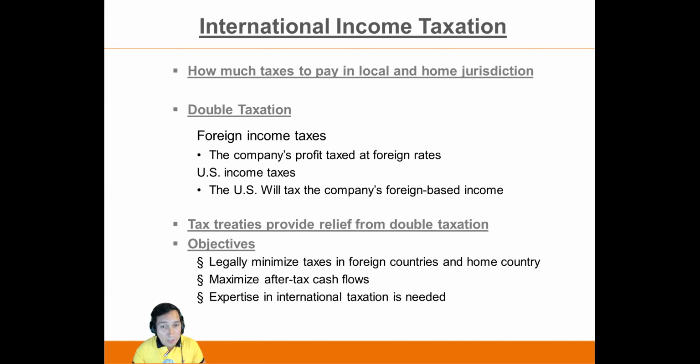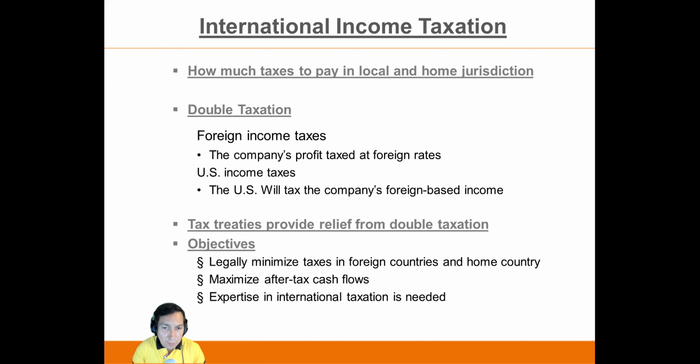So you will have foreign income taxes. The company will have to pay profits tax at foreign rates. And then in the US, you will have to pay tax on the company's foreign-based income.